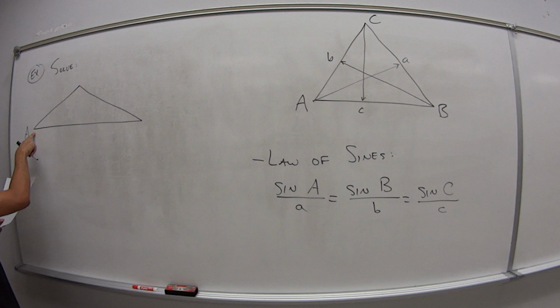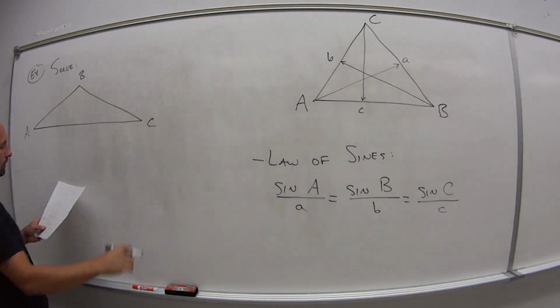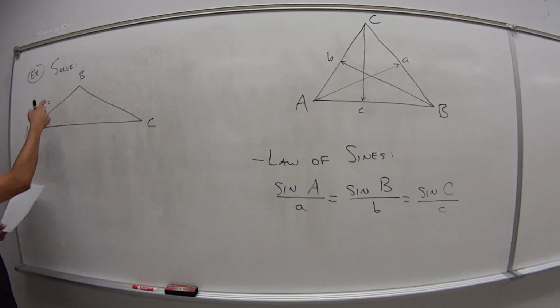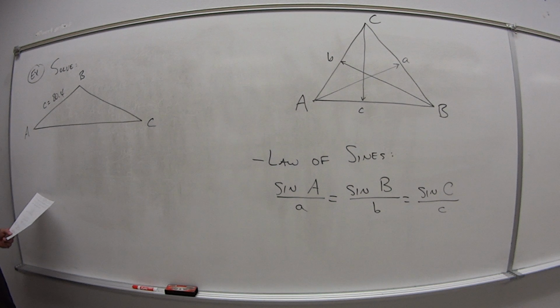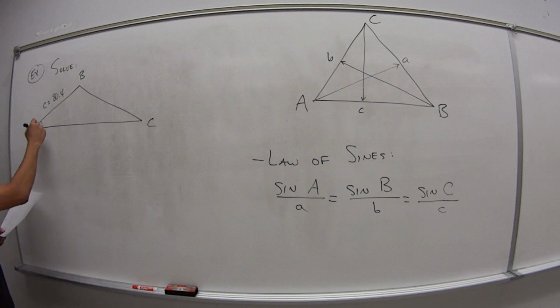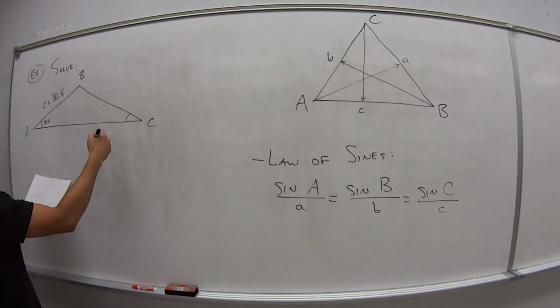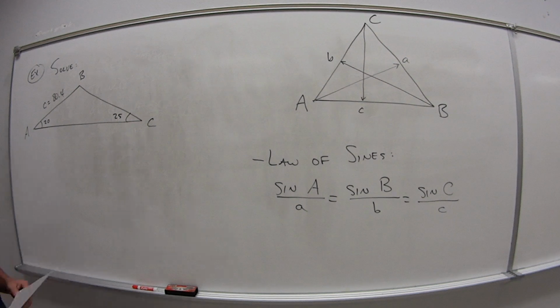The angle on the bottom left we'll call A, angle at the top B, angle on the right C. And we're given that the length of side c is 80.4 units. We're given that angle A is 20 degrees and angle C is 25.